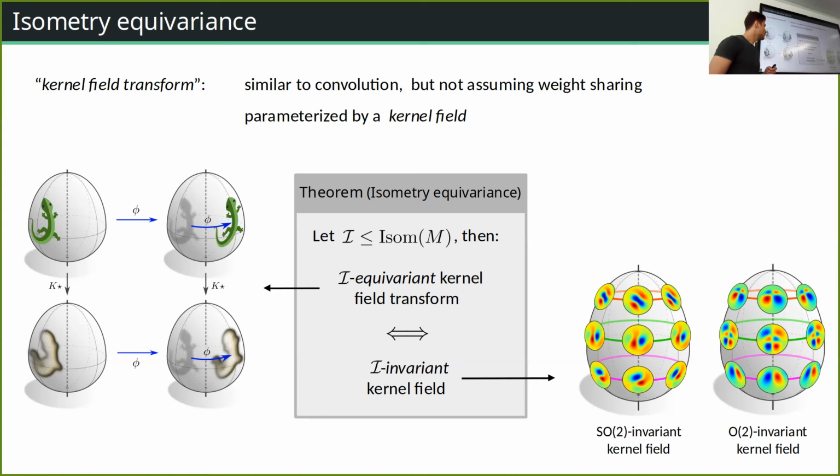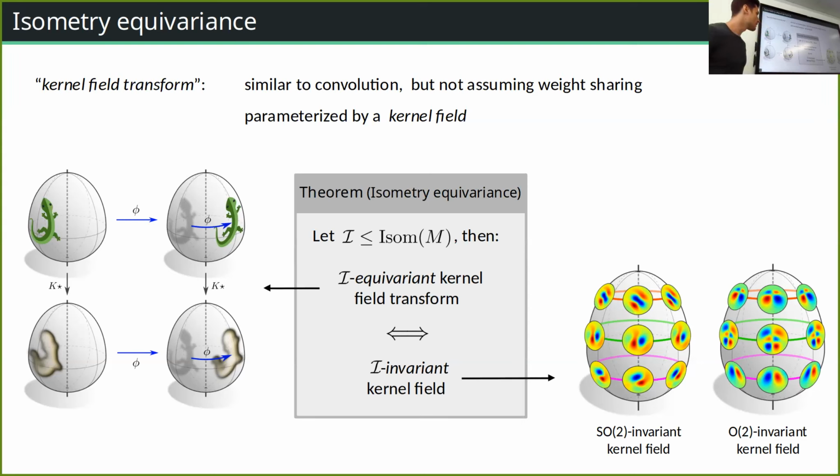And then the kernel field transform is equivariant with respect to this subgroup I, which means that it commutes with this action, exactly if the kernel field you're using is invariant under this isometry action, which is what you're always finding if you look at equivariant networks.